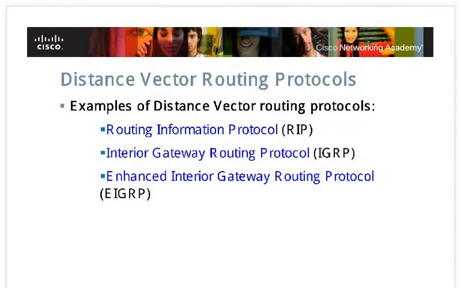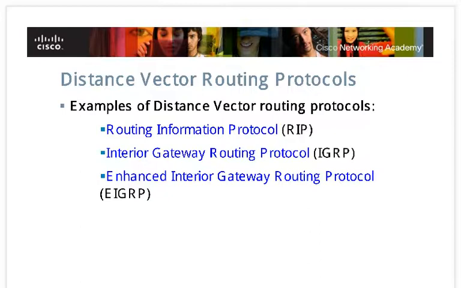We started talking about the distance vector routing protocols, and we said that we have three examples: the Routing Information Protocol, which is RIP, the Interior Gateway Routing Protocol, IGRP, or the Enhanced Interior Gateway Routing Protocol, EIGRP.